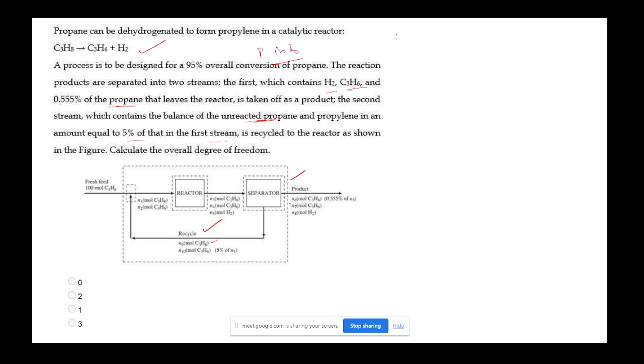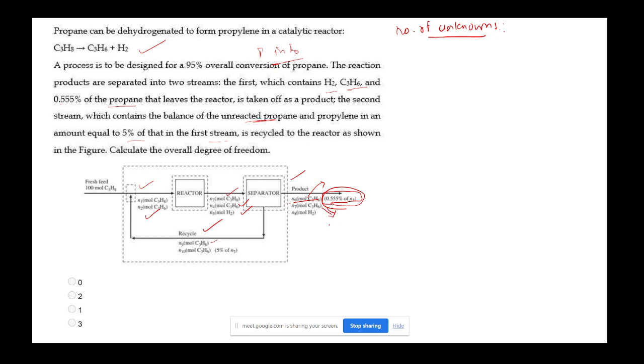So let's calculate the number of unknowns. Here you have N1, N2, N3, N4, N5. Since N6 is related to N3 by this equation, you can neglect it here, because one variable and one equation cancel out.